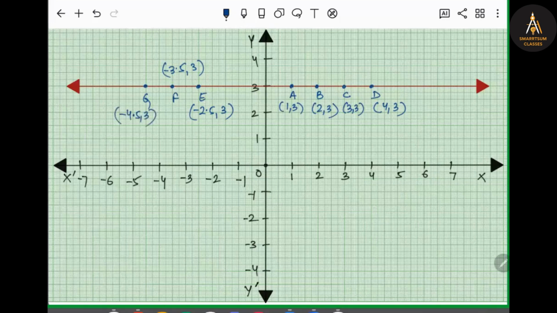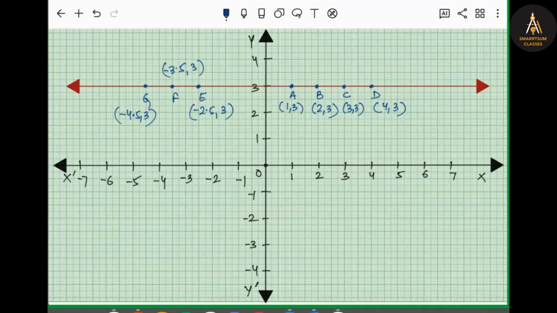Now look at the coordinates of these points. Can you see something special here? The value of y is always 3 only. The value of y is 3 every time.